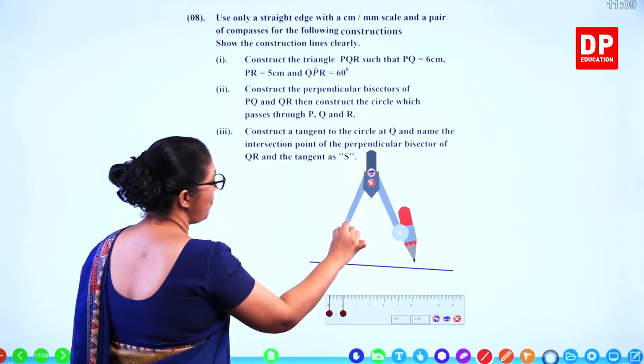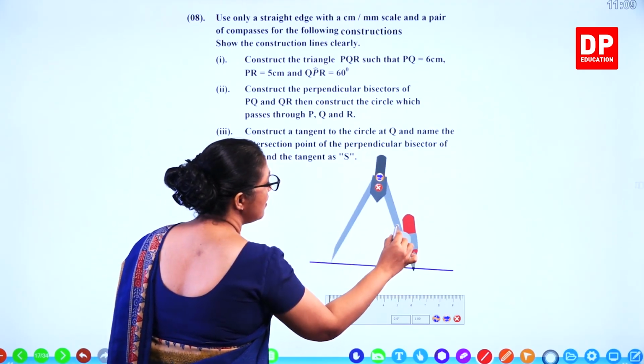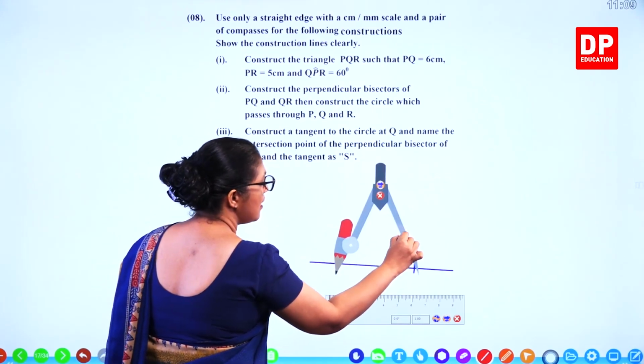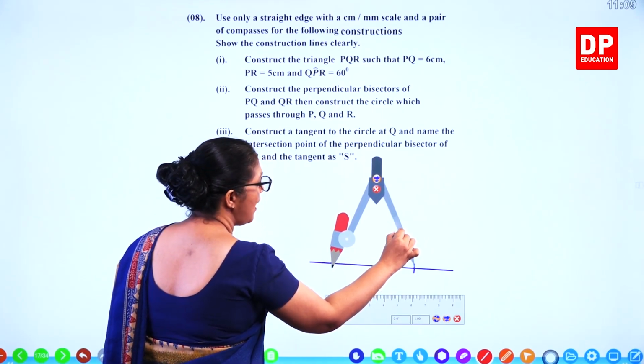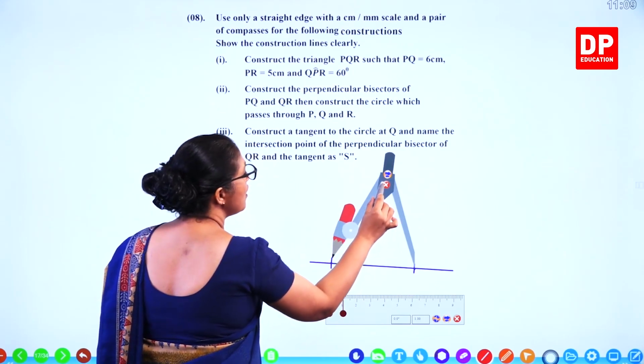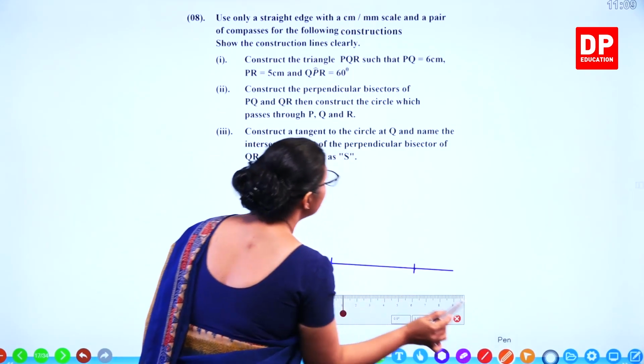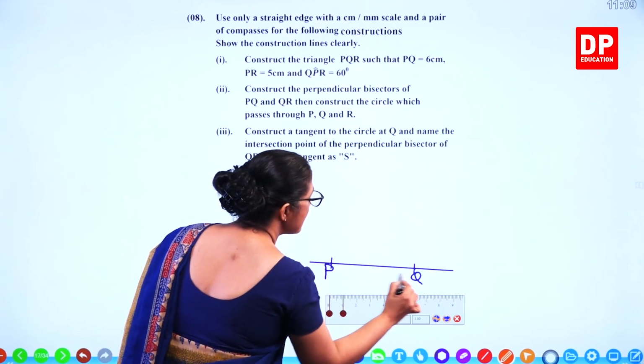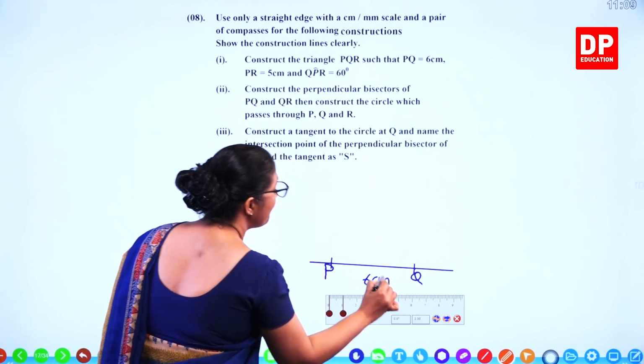Then keep it on the line and draw an arc, and again keep it on top of that point and mark the other point. That's the line PQ, 6 centimeter length.